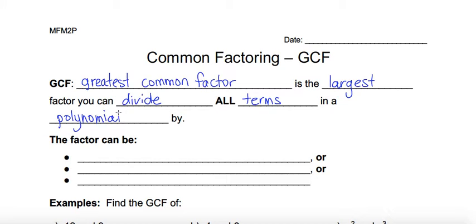So the greatest common factor can be a number. For example, it could be 3, it could be 6, it could be -9. It could be a variable, so it might be x, could be x squared, whatever letter it happens to be in the question, or it could be a combination of numbers and variables.